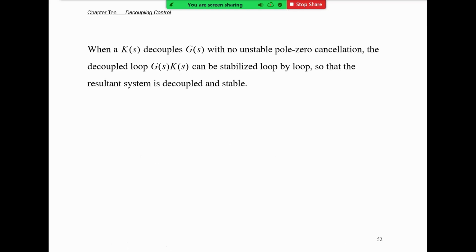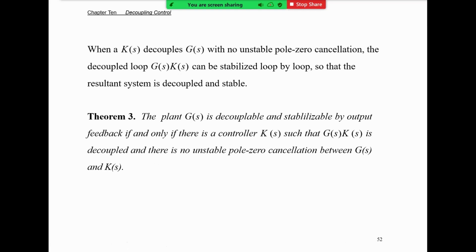We can stabilize it using the method you learned last week, the pole placement for single input, single output. So let's state Theorem 3. The plant is decouplable and stabilizable by output feedback if there is a controller such that G times K is decoupled, and also there is no unstable pole-zero cancellation in the calculation.